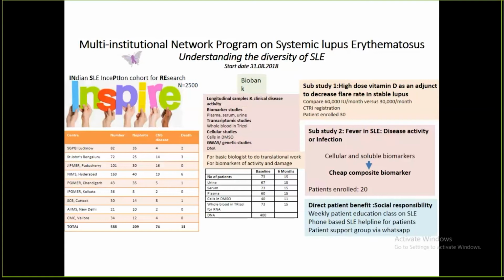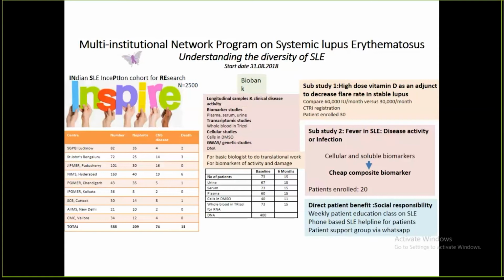This is again a multi-centric, multi-ethnic cohort where the patients are both pediatric and adult. This study also intends to create a biorepository to store samples that can be used for genetic studies and for biomarker identification. This cohort study has 2 sub-studies, one on vitamin D and the other on fever.